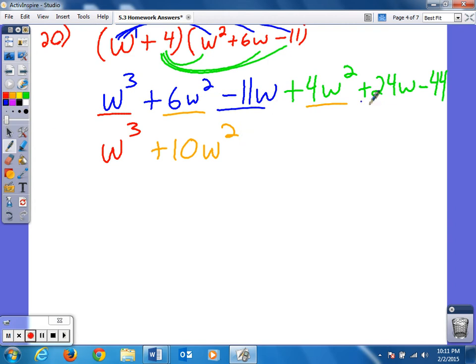There are two things with a w, or w to the first, so that's negative 11w and 24w. Combine those together, and you get 13w. And then the last one, the negative 44, nothing to combine that with, so we'll just write it at the end.